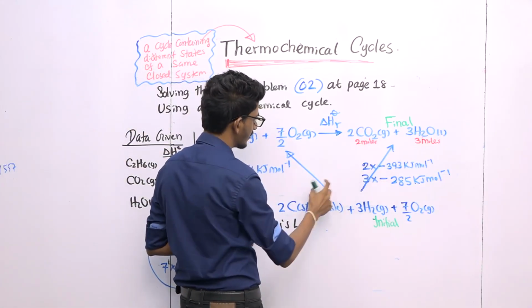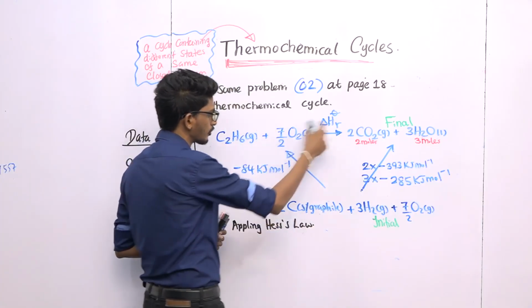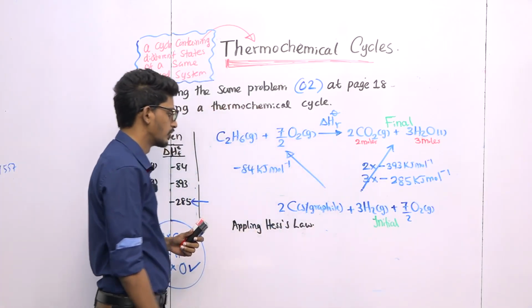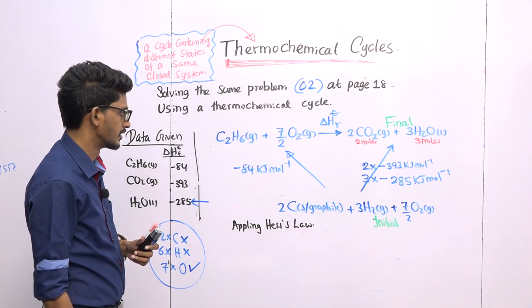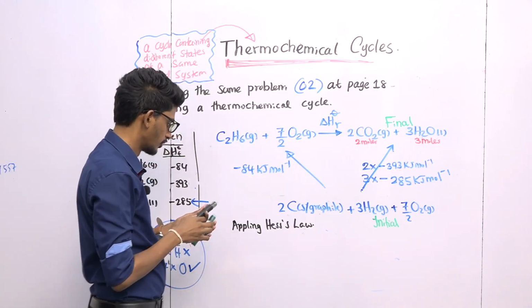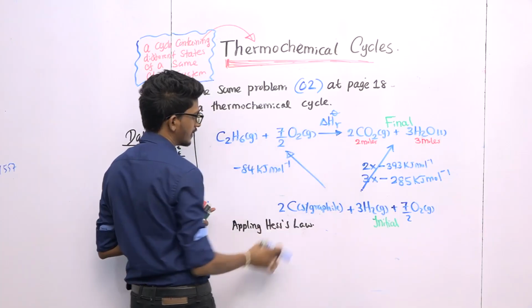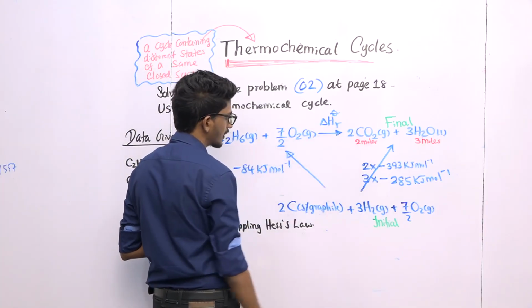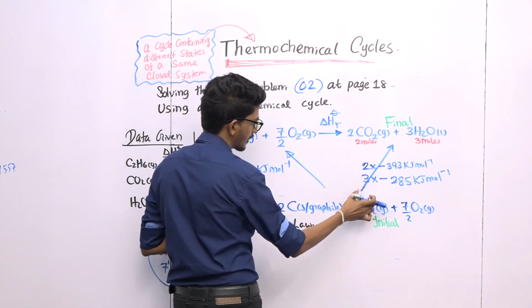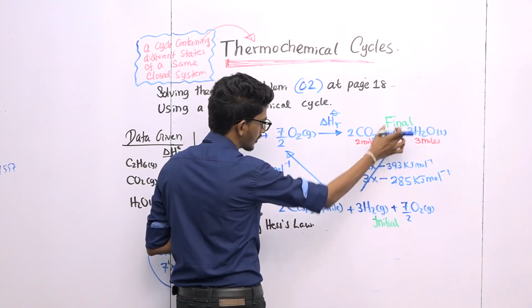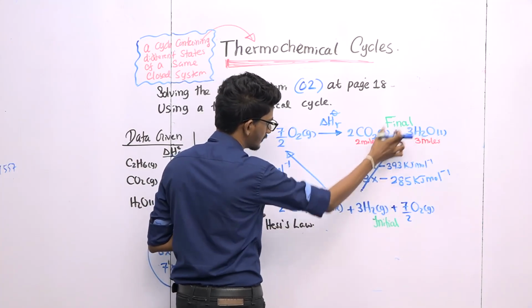This is one route and this is the other route. Both of those routes should carry the same value for the enthalpy change, that is Hess law. So this plus this, the total enthalpy change going through this route, should be equal to the total enthalpy change going through this route. This plus this should be equal to this, right?